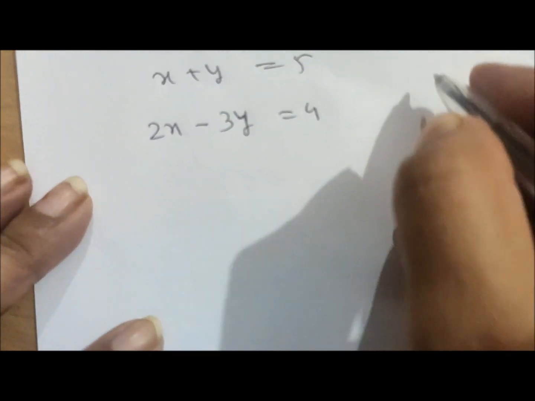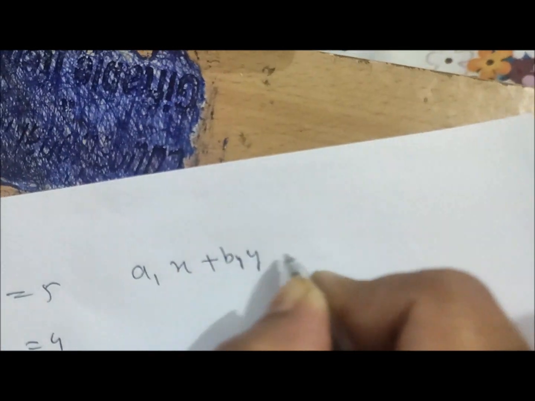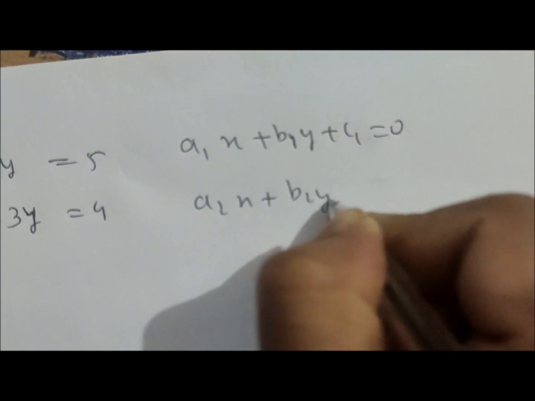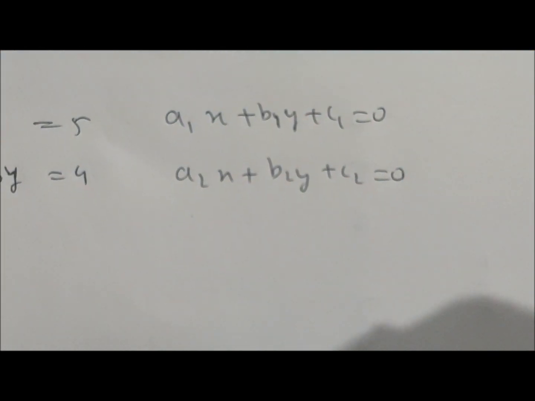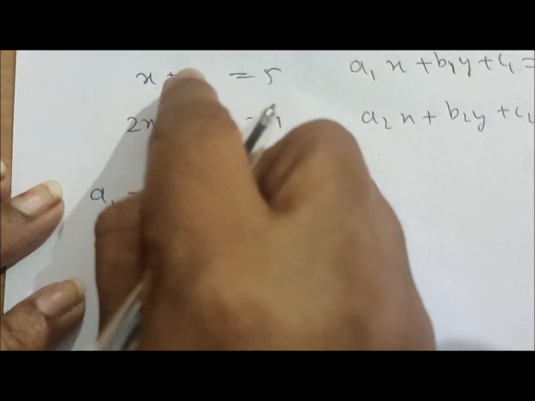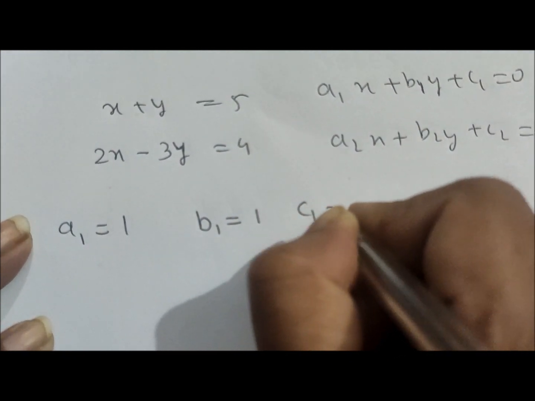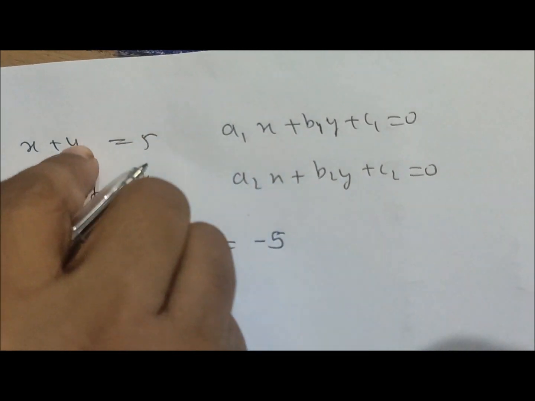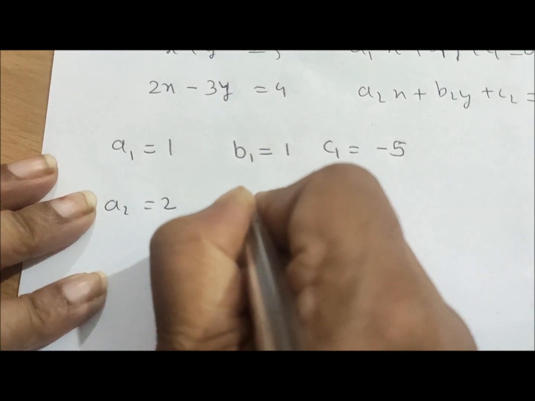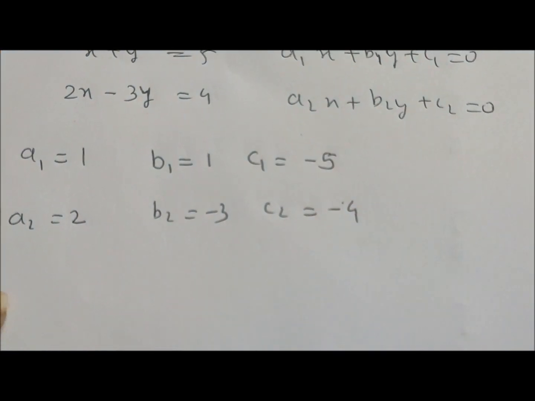If we compare these with the standard equations a1x plus b1y plus c1 equal to 0 and a2x plus b2y plus c2 equal to 0, then the value of a1 is the coefficient of x, that is 1. The value of b1 is the coefficient of y, that is 1, and c1 is equal to minus 5 because we will take this 5 to this side. Here a2 is equal to 2, b2 is equal to minus 3 and c2 is equal to minus 4.